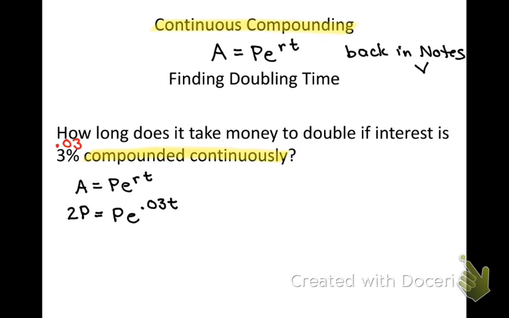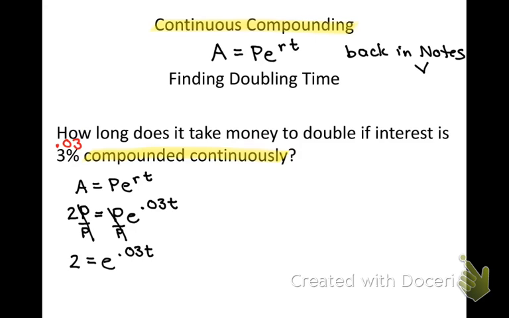Now, when I go to solve this, remember I'm trying to solve for t. The first thing I'm going to do is divide both sides by P. Now I am left with 2 equals e to the 0.03t. Think about our exponential equations.